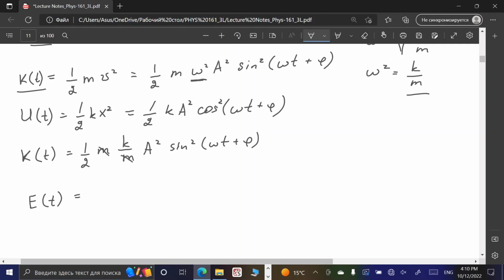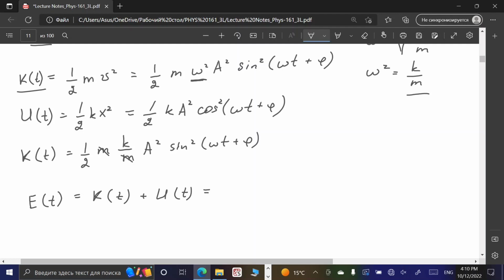And this will be equal. So we can take out from parentheses this pre-factor, 1/2 times k a squared. And in parentheses, we will have kinetic energy as a function of time plus potential energy as a function of time.